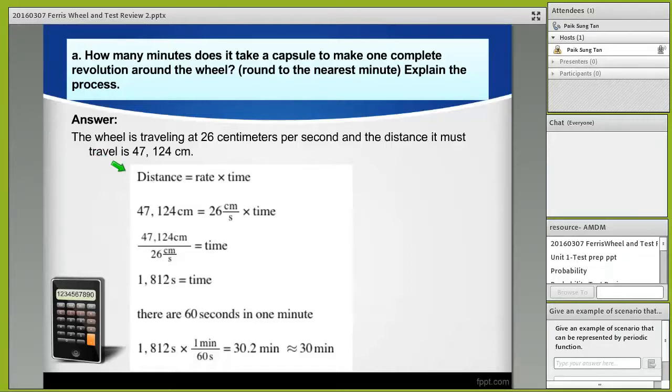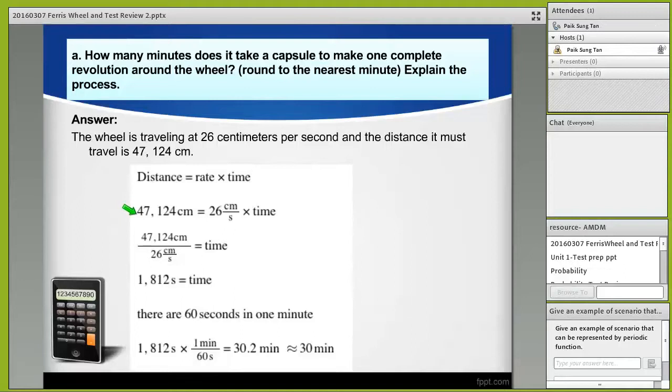Using our most basic formula, distance equals rate times time, the rate given is 26 centimeters per second, and the distance is the whole circumference, because that's what we calculated.